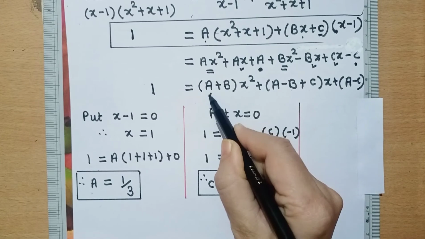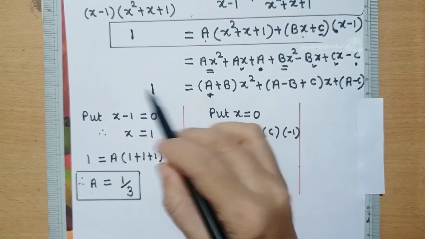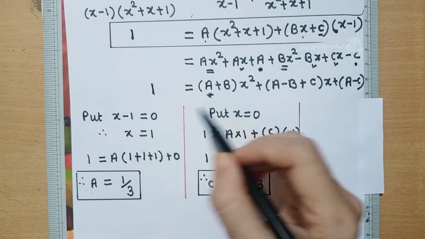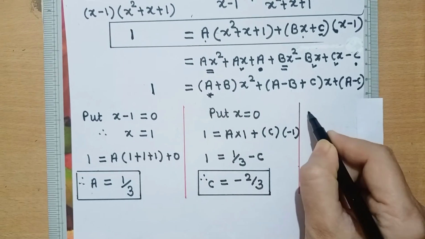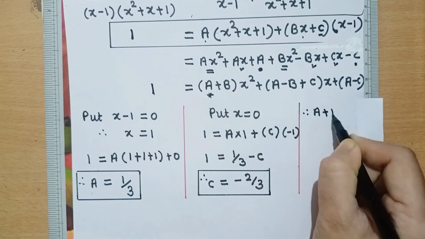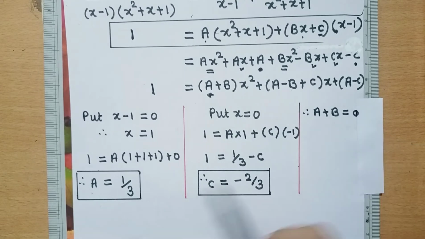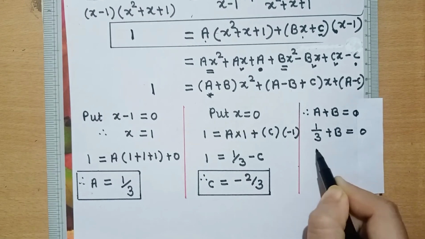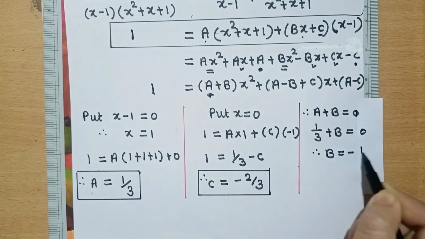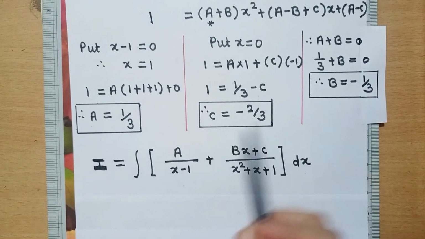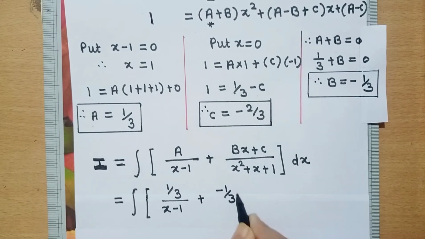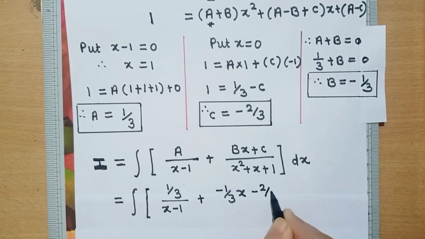And look, now to find the value of b, we will compare coefficients of left hand side and right hand side. Check here, x square term is absent, so here coefficient of x square is 0, and therefore a plus b equal to 0. Your value of a is 1 upon 3, so substitute here, and therefore b equal to minus 1 upon 3, and substituting these constants here we get minus 1 upon 3 x, and then minus 2 upon 3, and then this denominator.